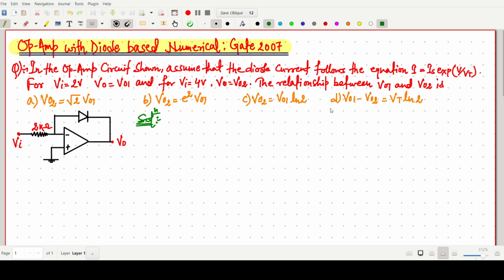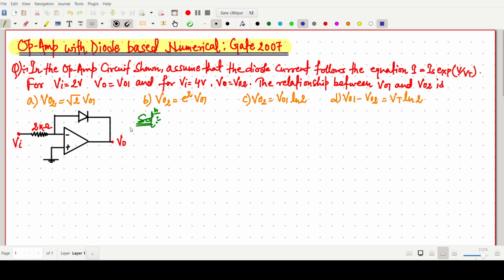A, B, C, and D are the four options, so we have to solve this problem. It is basically a diode op-amp based numerical. In this question, we can easily say it looks like an inverting amplifier.